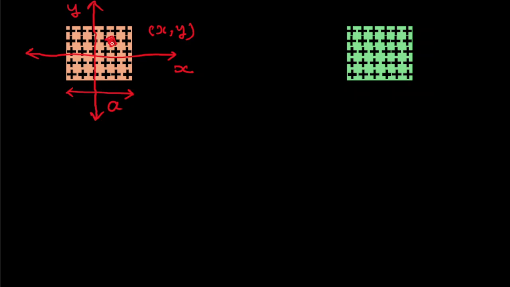Since it is a two-dimensional plate, we can consider this elementary area dS equal to dx dy. Since the charge is uniformly distributed over the surface, it doesn't matter where we are taking this point, everywhere the charge per unit area will remain the same.